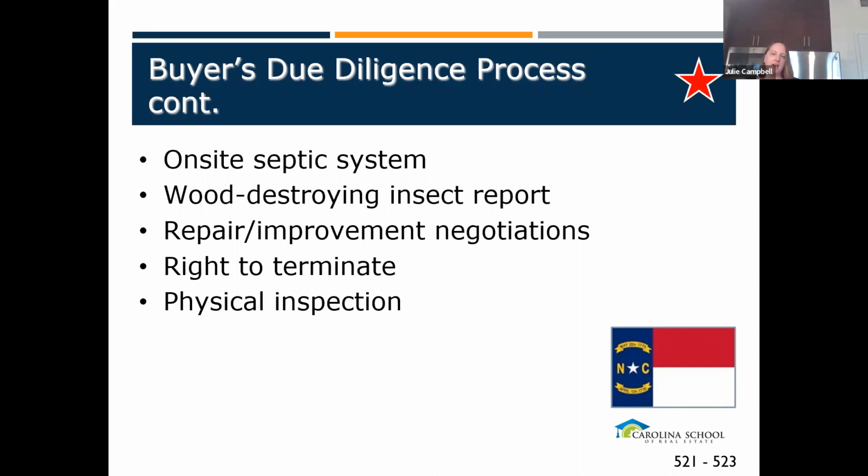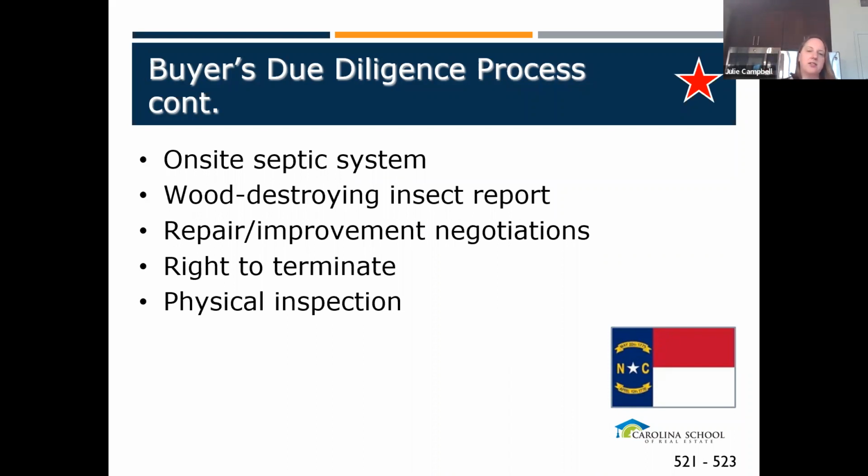If your buyer found structural issues, electrical, plumbing, the roof is 20 years old, and all those repairs start adding up, the buyer may find that they want to terminate and get their earnest money back. They have to decide, now knowing what I know.